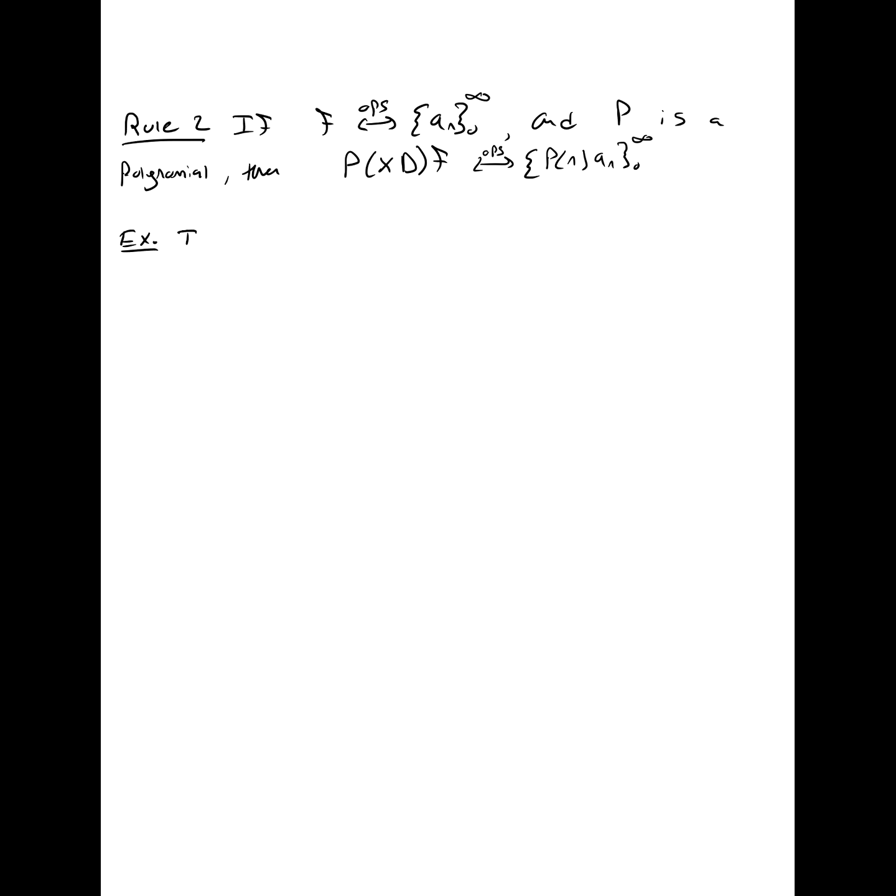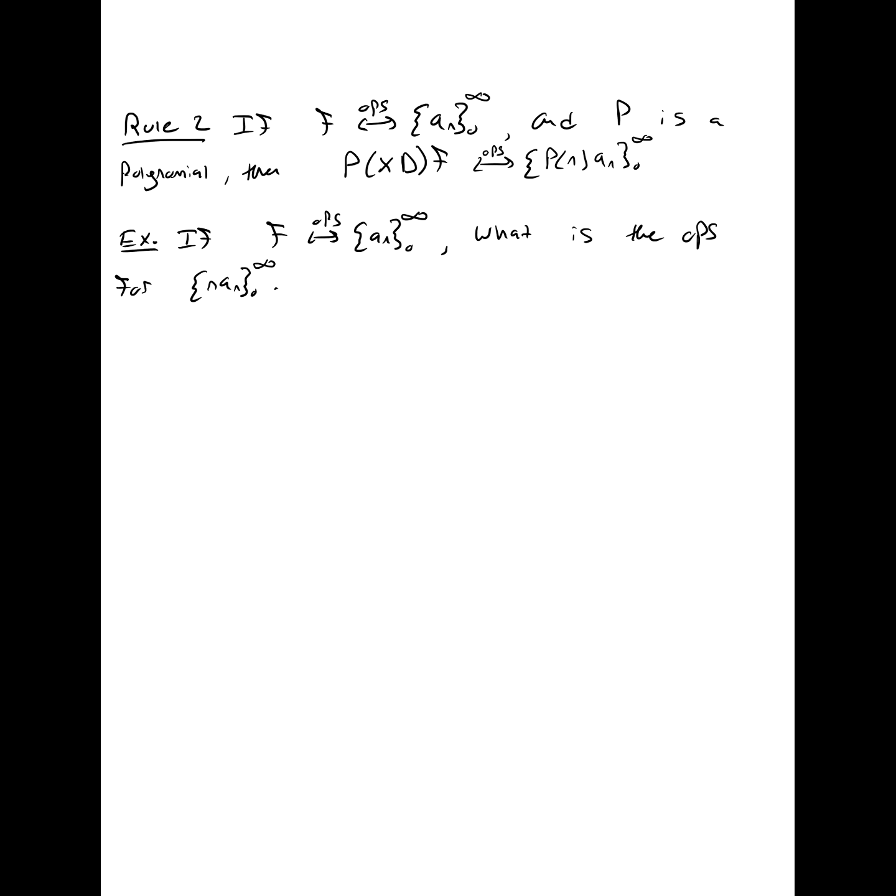Let's try this. If f is the ordinary power series generating function for a sub n, a good question is what is the ordinary power series for n a sub n? So all it's doing is moving a single n. We're just saying, instead of just having our regular sequence, we want to multiply by the index at each term.